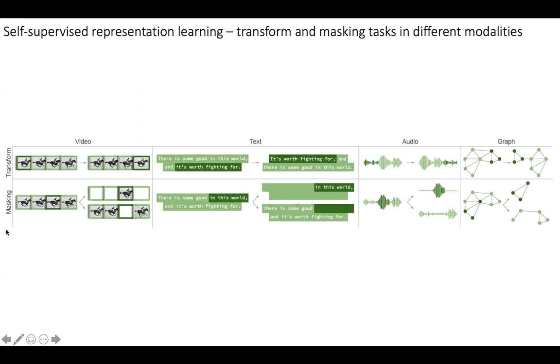For the masking task, in video we can mask off some frames, in text we can mask out a chunk of text, and in audio we mask out a segment of the audio. Similarly, in graphs, we mask out some of the nodes and use these nodes as the ground truth label in the pretext task. And then we train the model.